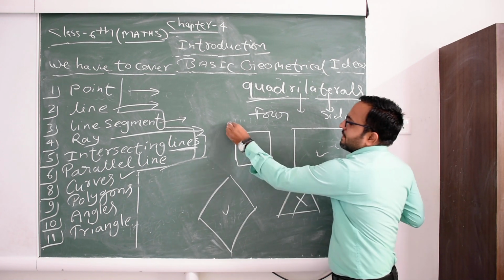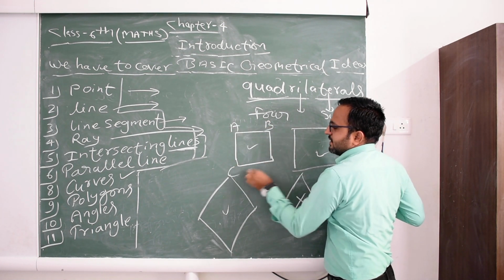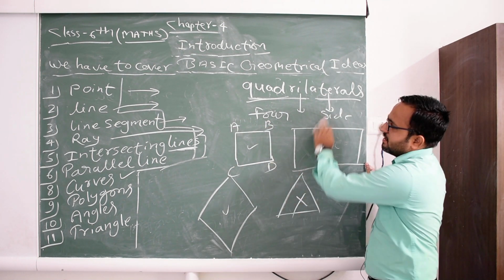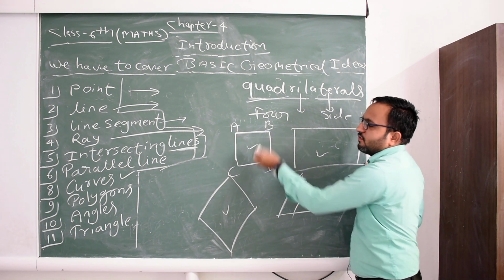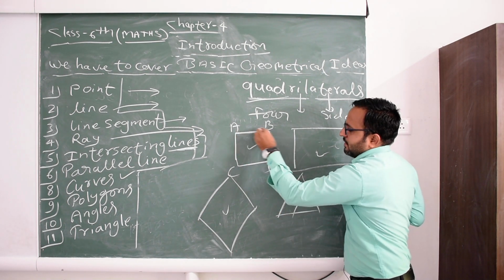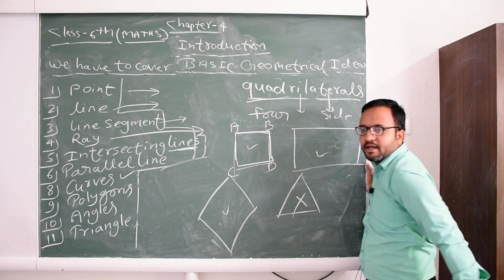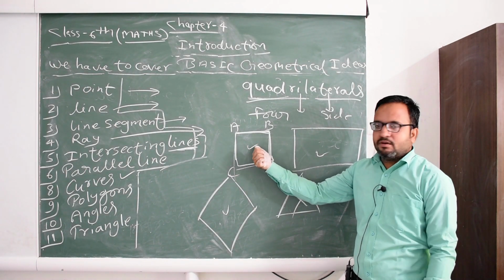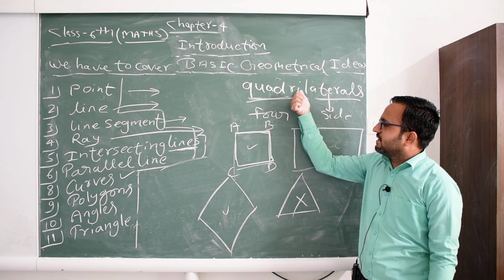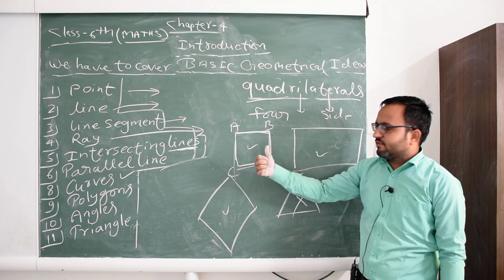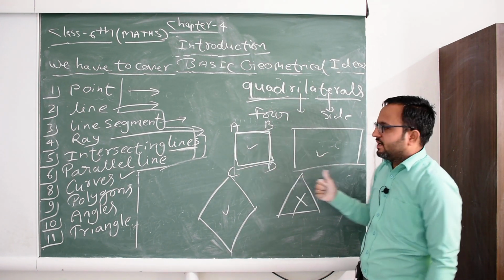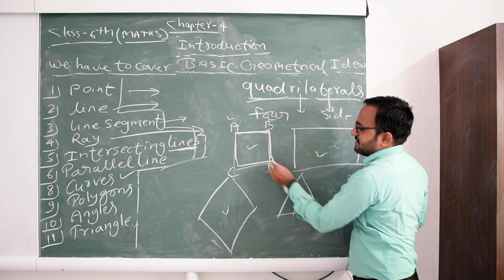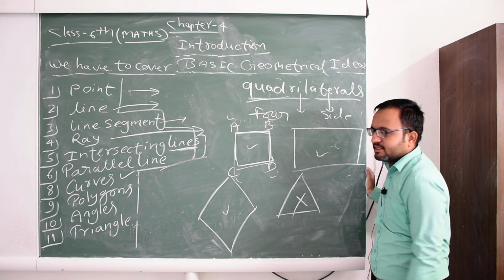Same as if we name this, quadrilateral also has four sides AB, BD, CD and AC. So four sides, four angles and four vertices. A, B, C and D are the vertices.